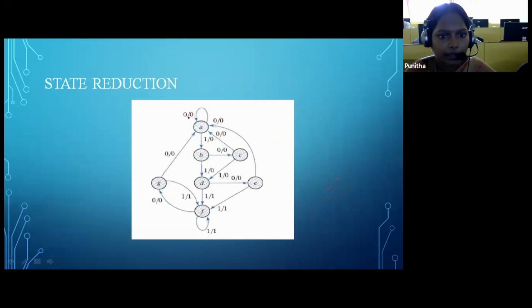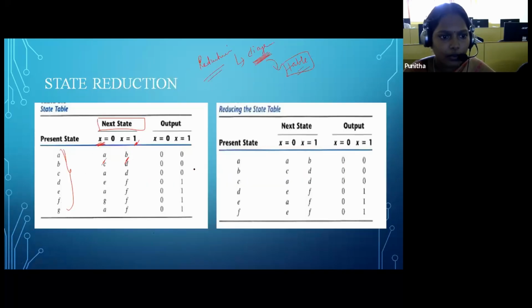If I apply 0 to state A, what will be the next state? The next state is A, so I mention A here.